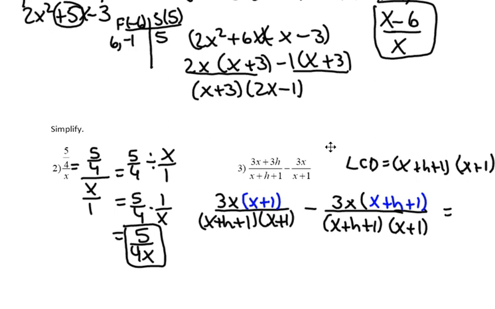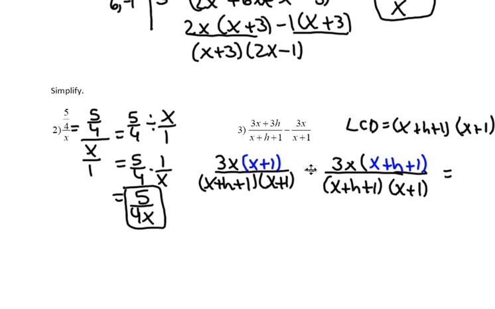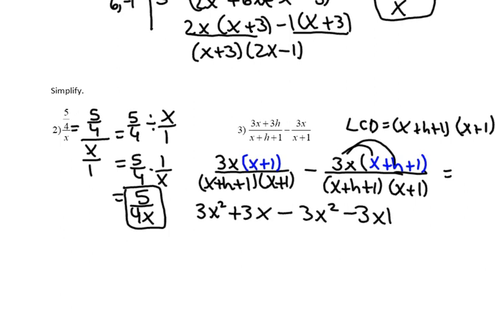Well, when I take 3x times a quantity x plus 1, that's 3x squared plus 3x. Now, keep in mind, for the second part, you are really distributing a negative 3x. So when I distribute this, that's minus 3x squared. Here it's minus 3xh.